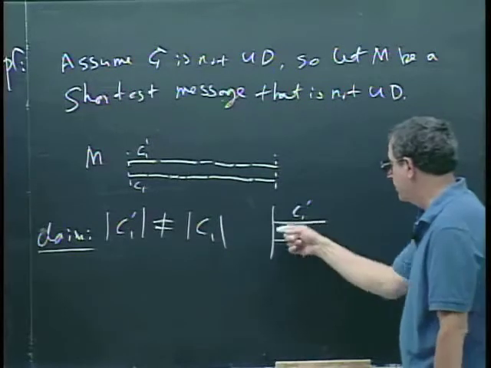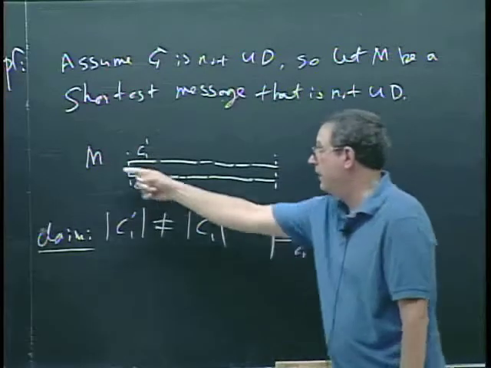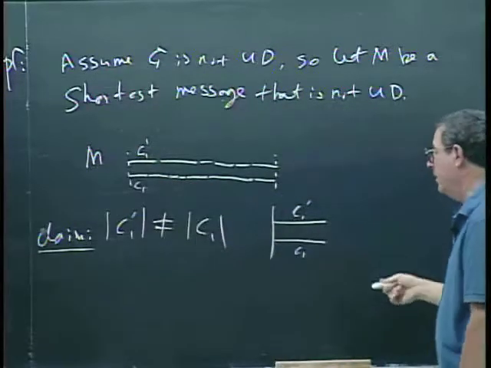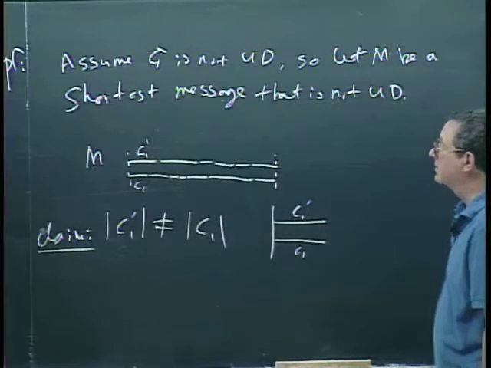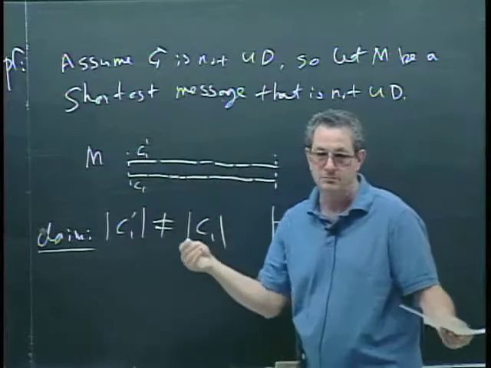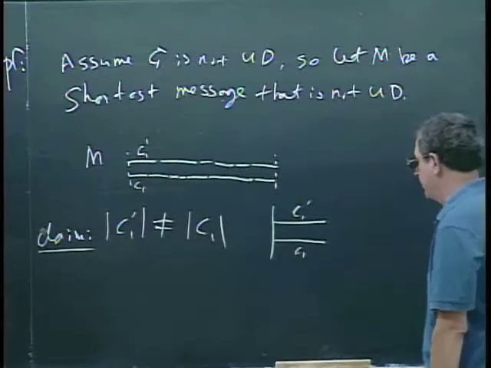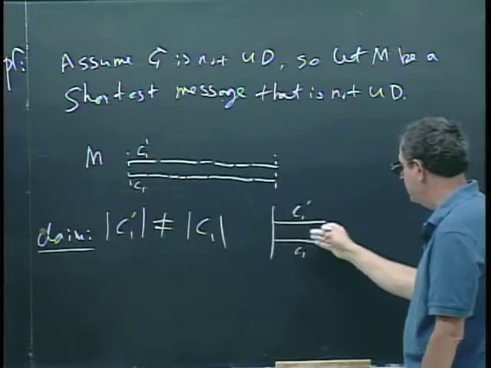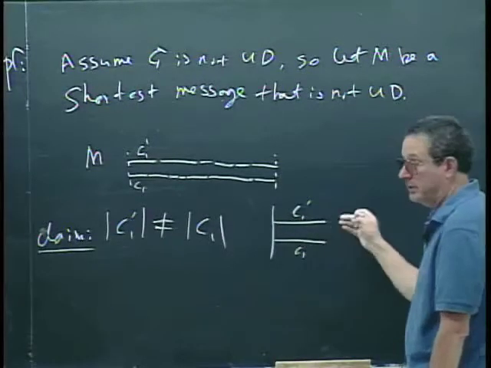But here they're both equal to the beginning of the message M, so they must be equal. I didn't make an explicit assumption, but the code has no duplicates. It's unnecessary to have a duplicate string. So if they were of the same length, they would have to be identical.